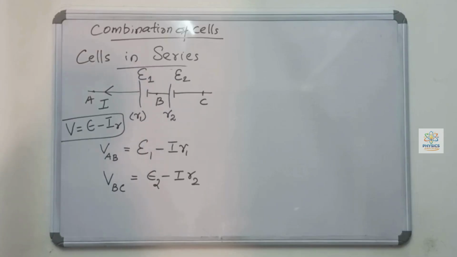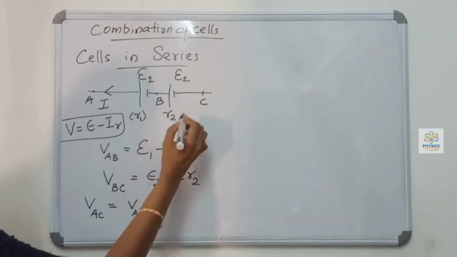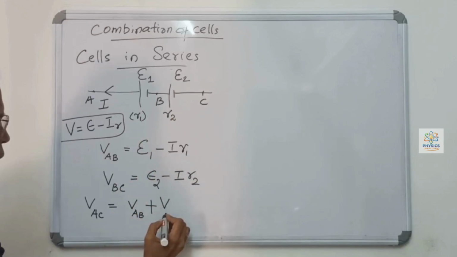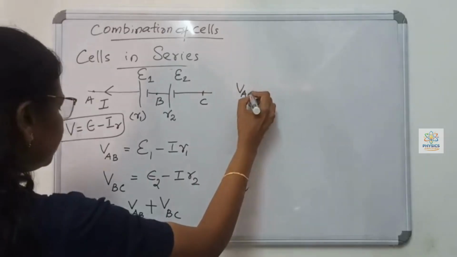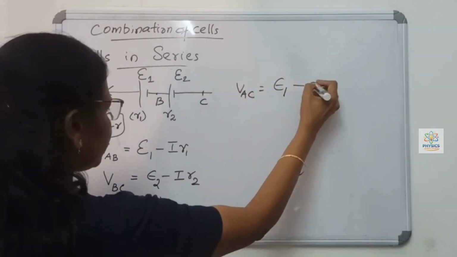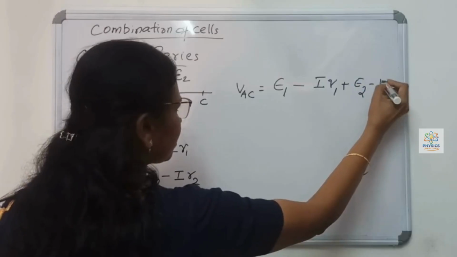Next we have to calculate the potential difference across the terminals A and C. Here we can write the potential difference across the terminals A and C, which is equal to VAB, the potential difference across A and B, plus VBC, the potential difference across B and C. Here we can write VAC is equal to E1 minus I into R1 plus E2 minus I into R2.